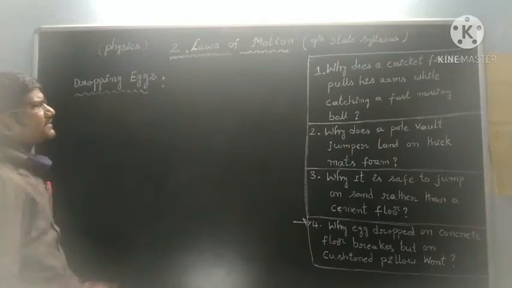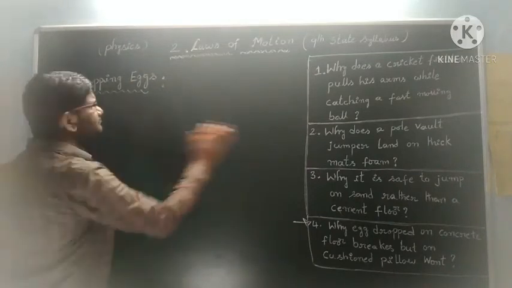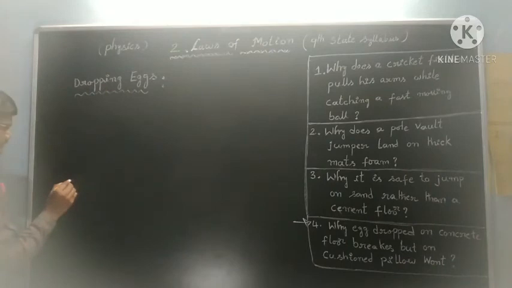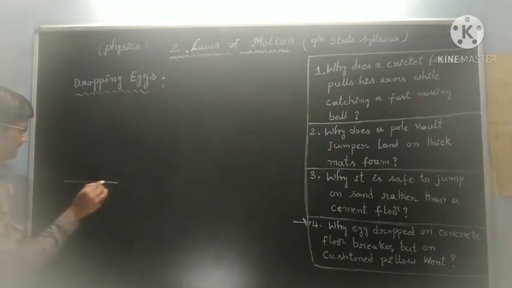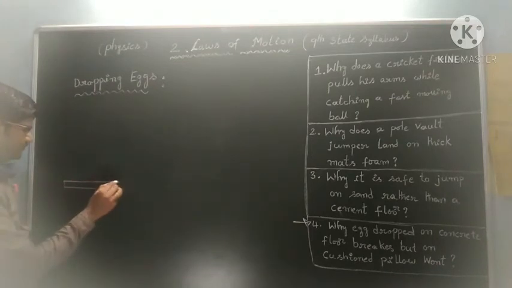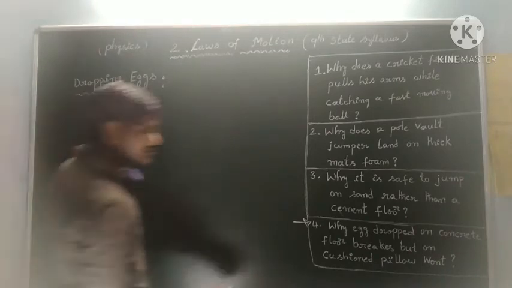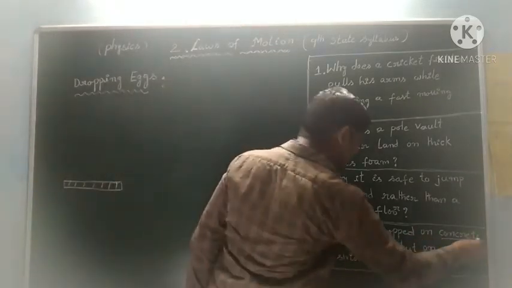Dropping eggs, we can see. Now I am considering one concrete floor. This is a cemented floor, you know. This is called concrete floor. What is this, children? Concrete floor.